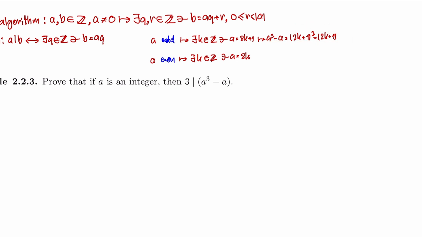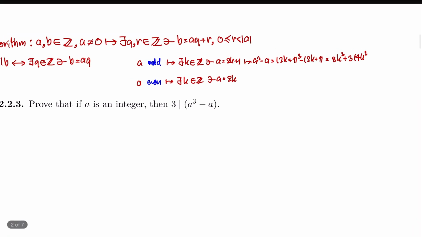So we're going to have 8k cubed plus 12k squared plus 6k plus 1 minus 2k minus 1.